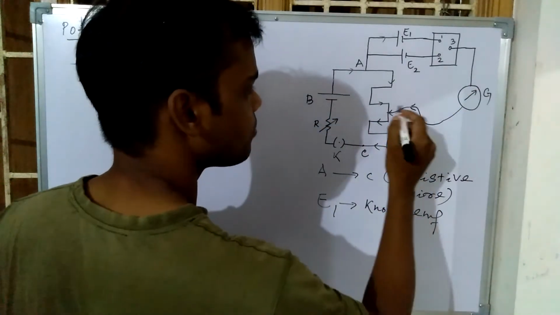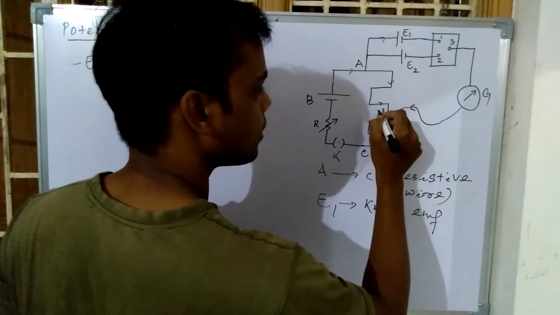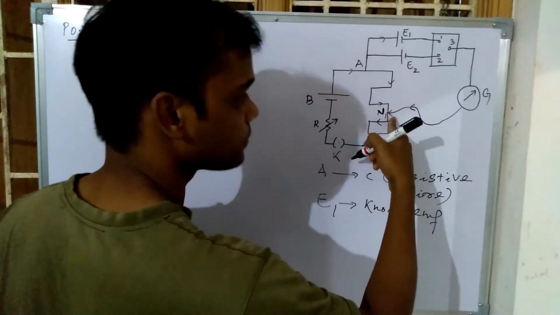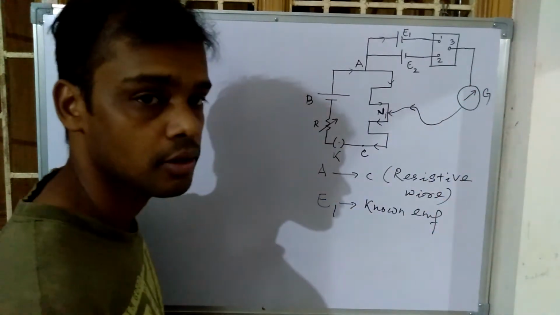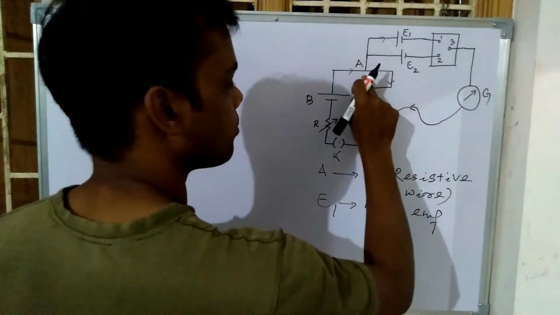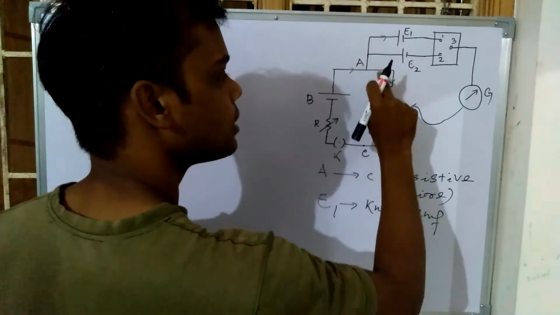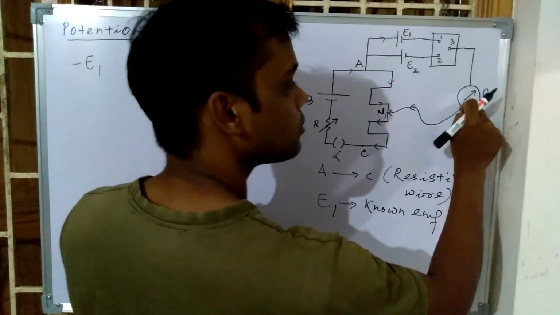So let that particular point be N1. N1 is the point where the galvanometer shows 0 deflection or no current flows through this path. So from A to C you can vary this point and at N1 we are getting the current through the galvanometer 0.